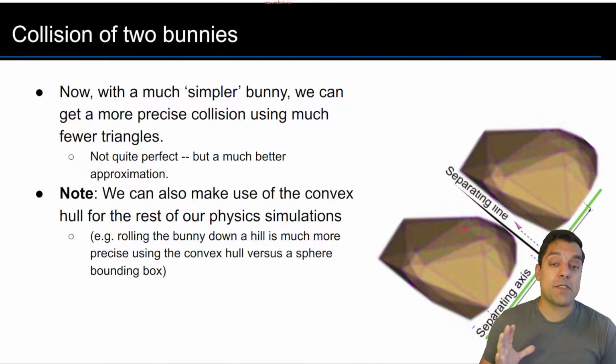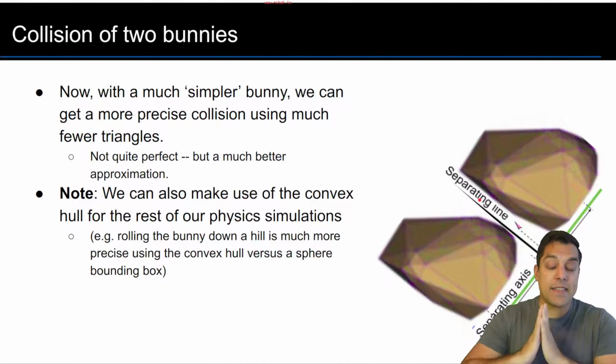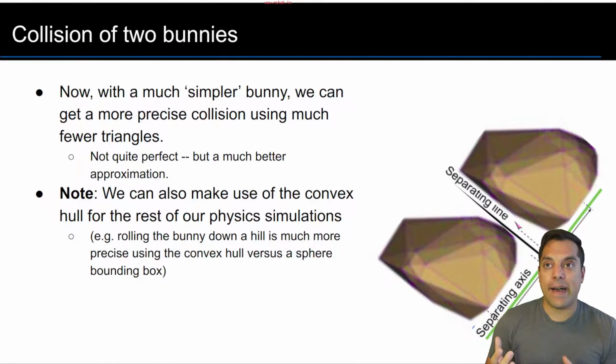Even if we're trying to do something like just saying, hey, let's iterate through each of these triangles and do a triangle to triangle test, we're still doing fewer things. And again, this might be more important, say, depending on the type of application you're building.